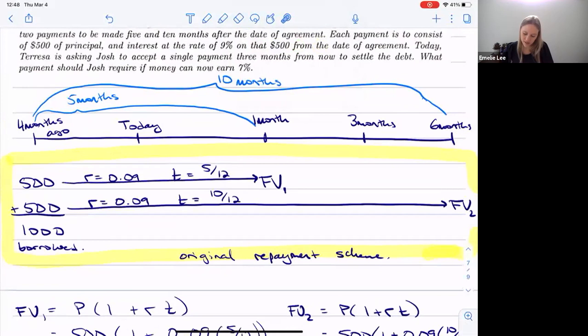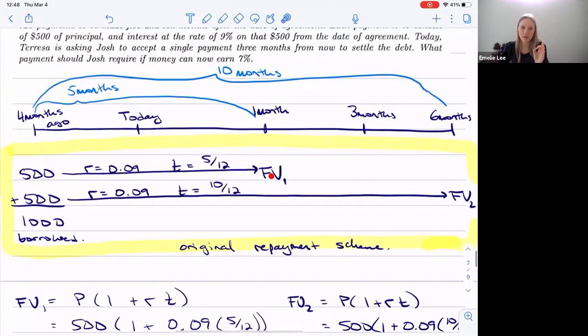Now figure out what the future value, so now this future value 1, this $518.75, it's turning into a principal amount if you're talking about the 3-month mark, right? So now you're going to be able to find the future value of this $518, and then you're able to discount this future value 2 to its principal amount at the 3-month mark, and then the total of those would be the single payment that she would be expected to make.